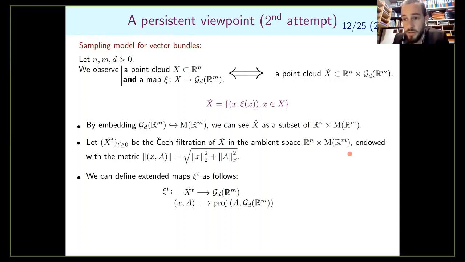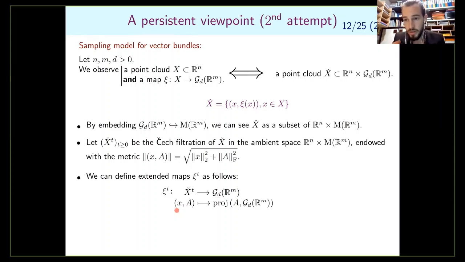You can endow it with any norm, and you can consider the check filtration of X check in the product. And now, in this product, you can define easily extended maps, xi T. So take the T thickening of X check and take a point in it.